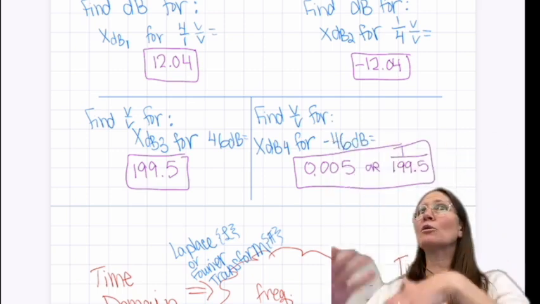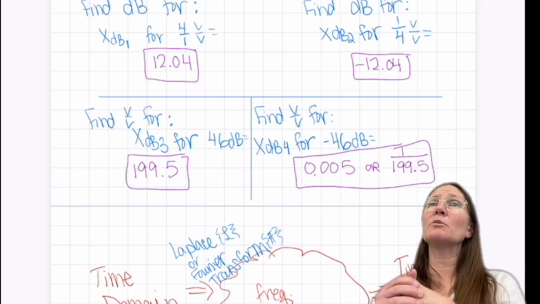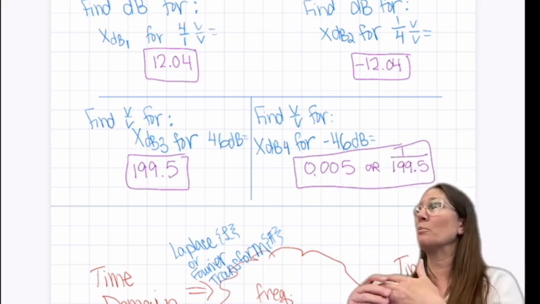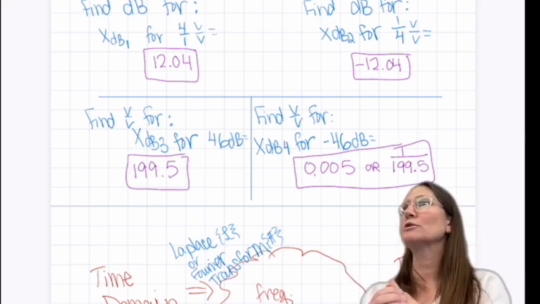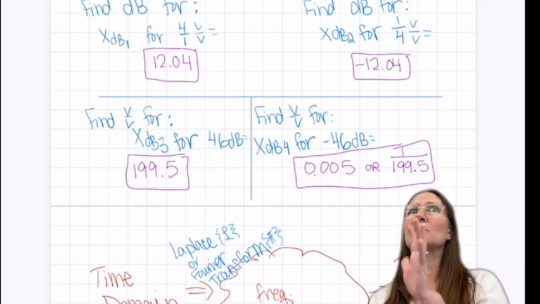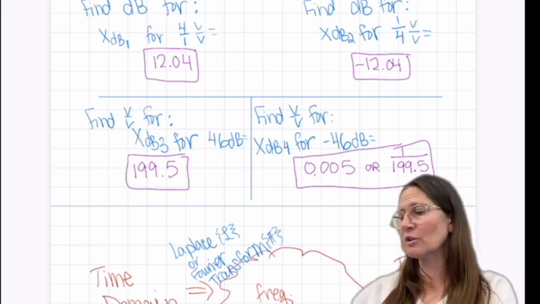If we have a lower number, that means that our input is greater than our output, and we've done what's called attenuating or reducing our signal. So that's what those negative dBs mean too. The signal has been reduced.